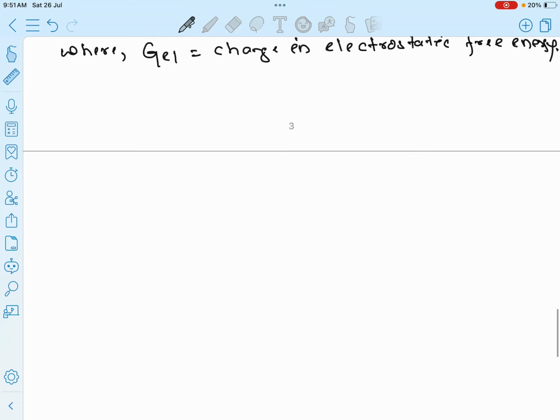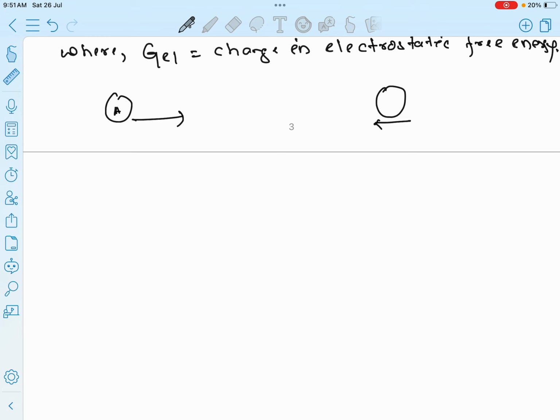So now the question is that whenever the ions are coming closer to each other, there is a need to do work to bring the A ions, and there is a consumption of energy in the form of work to bring B also closer to A, or to form an activated complex.